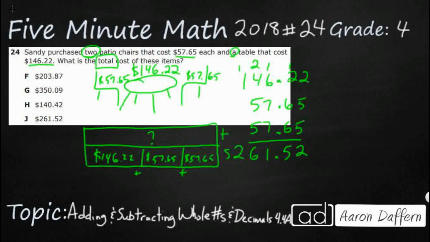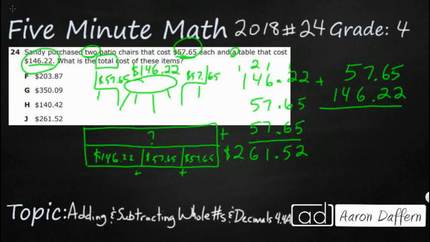So there we go. It looks like I've got $261.52. So that is one of our answers. Now, I told you this was a trick because they only give you 2 numbers, $57.65, $146.22. And what would happen if you weren't really reading that closely or drew a picture and you just added those 2? Well, you can bet that this is going to be one of our answer selections.